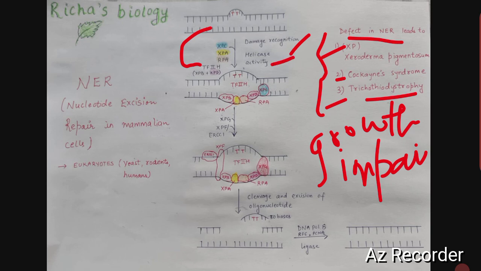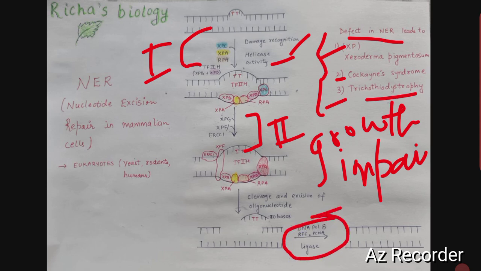Second, the proteins which are coming in the first part, how they are replaced in the second part. This question can come. And finally, which enzyme action will work, they can ask in the series. And next, defects like this. So these are the main two questions which can come from this part of NER. So I hope everything is clear.